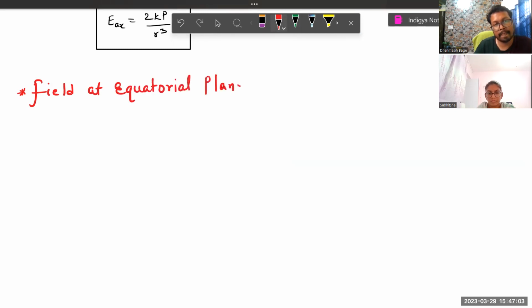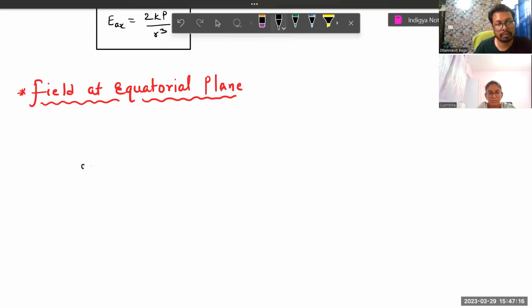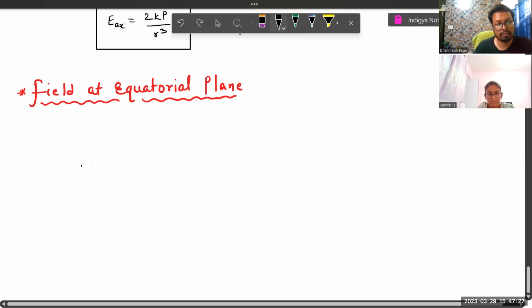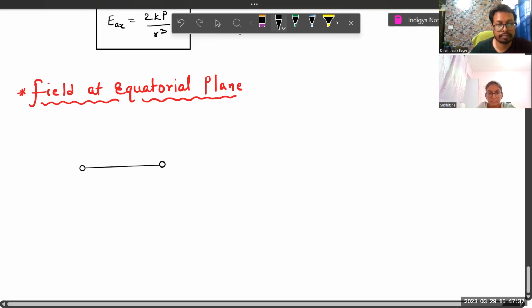The equatorial plane. This is the equatorial plane.